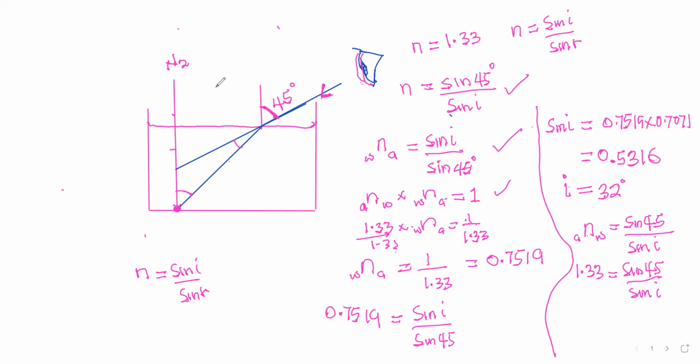Then he is asking for the real inclination. Don't forget, the real inclination will be the angle from the surface to the real object, not its apparent. So this angle from the normal would give us the actual or the real inclination.